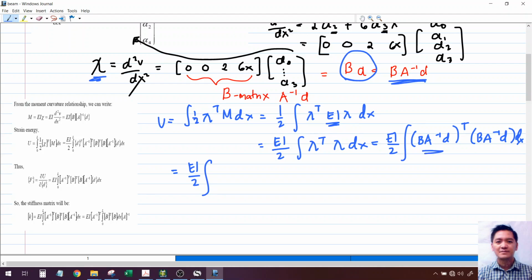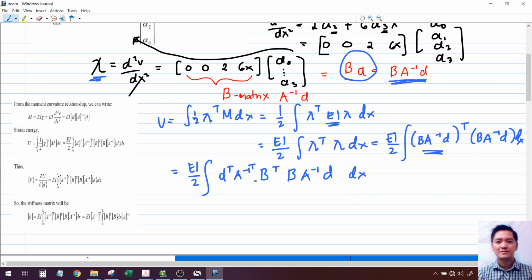So, dito na tayo. So, merong rules sa matrix na kapag transpose mo yung nasa loob, magbabaligtad-baligtad yung position ng mga yan. So, therefore, ito will become D transpose, A inverse transpose, and then B transpose multiply sa B A inverse D dx.